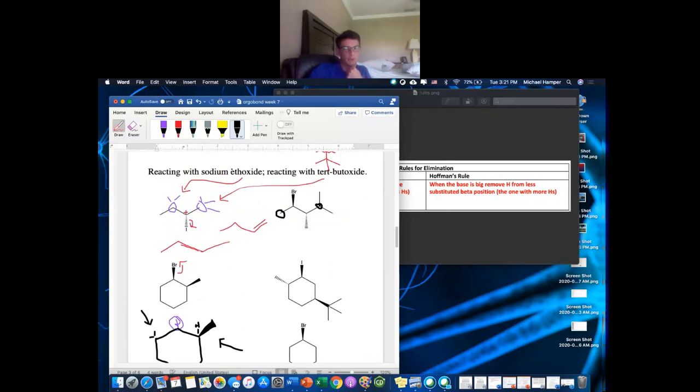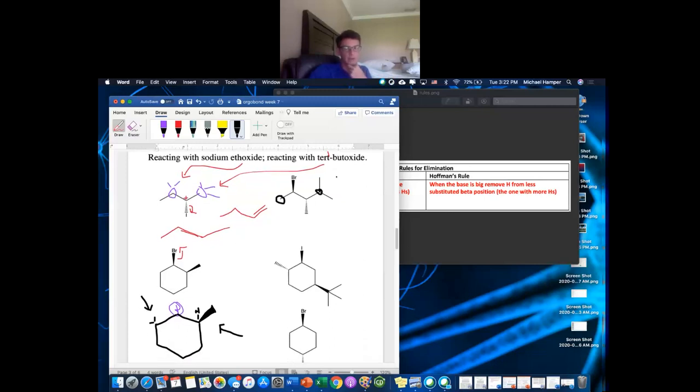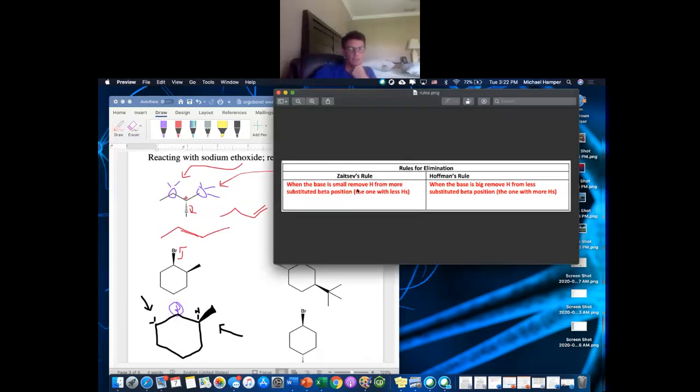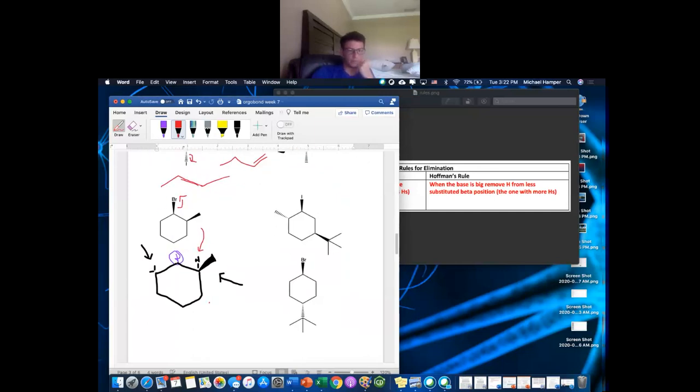So you have a small base, and small bases are able to go to places that are more crowded. And the Zaitsev rule. The smaller bases, like sodium methoxide, are able to squeeze in and take a hydrogen from the more substituted beta. So you're going to see the sodium methoxide come in, take that hydrogen, and form a double bond here.